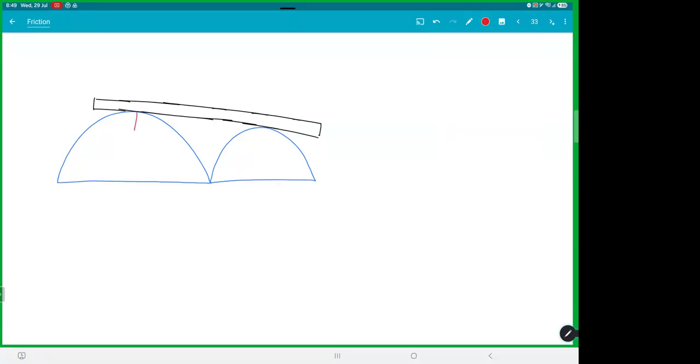So what are the forces? This would be N1. This would be N2 passing through the center, should be normal.